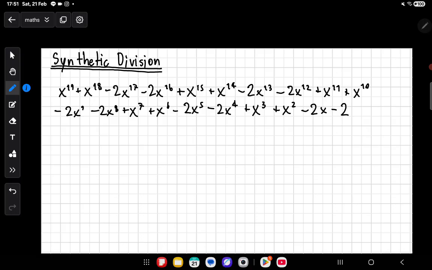First, get some factors of -2. So it's -1, 2, and 1, -2. So we're gonna try -1. What will it be?